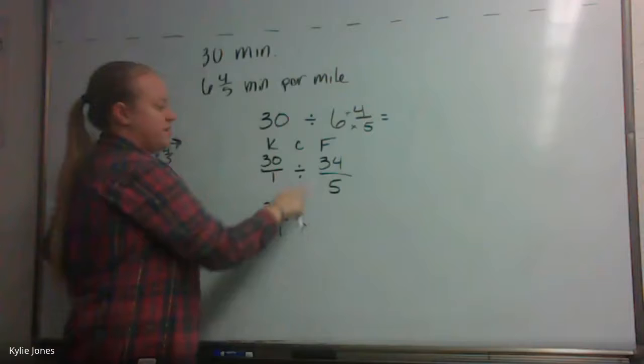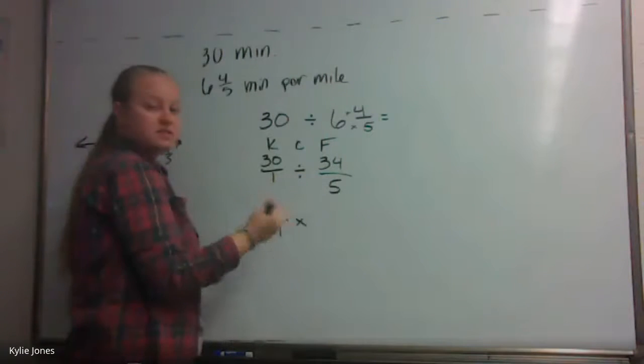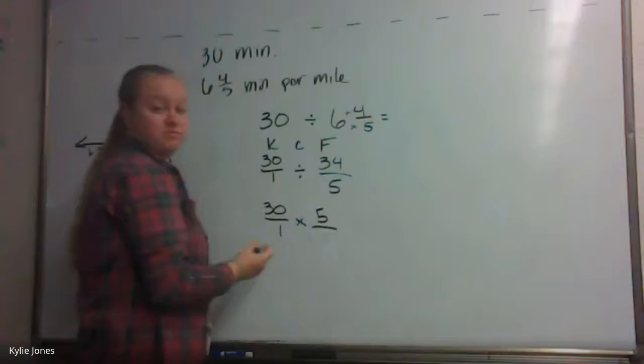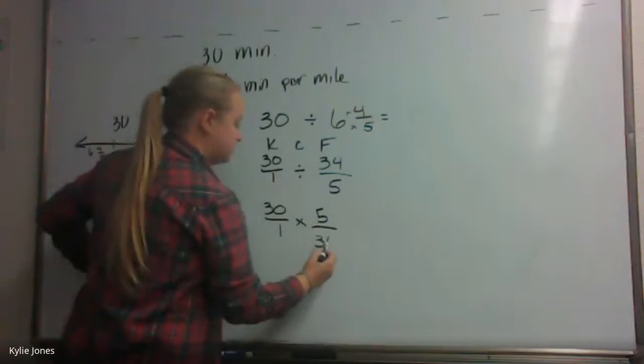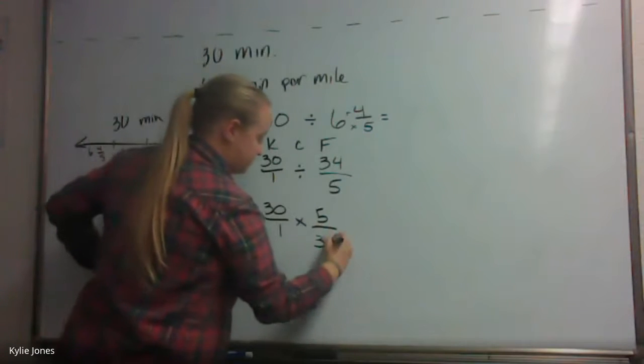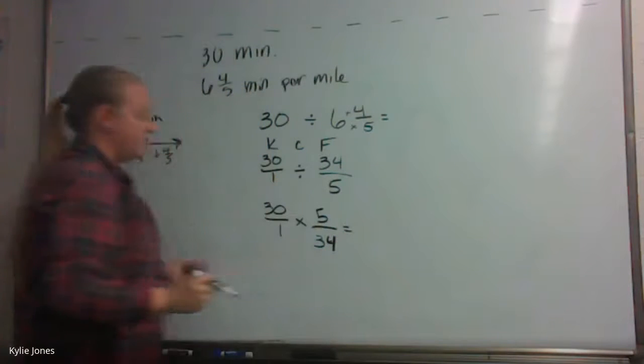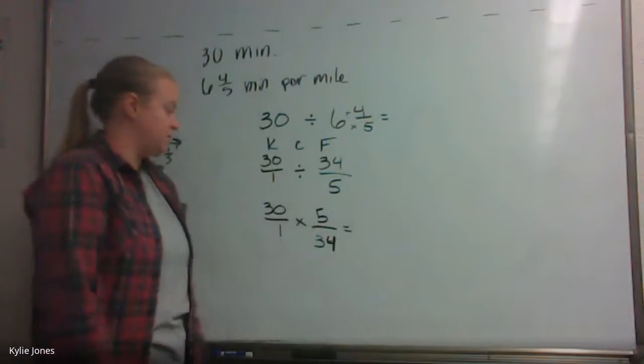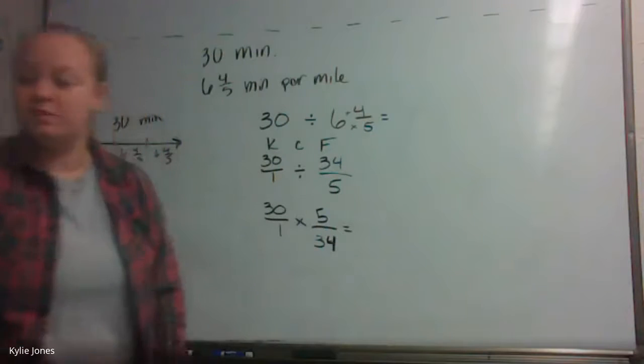Multiplication. Good. And then what do we flip 34/5 to? 5 over 34. Okay, and then we need to multiply. So take a minute, do that multiplication, figure out what our answer is here.